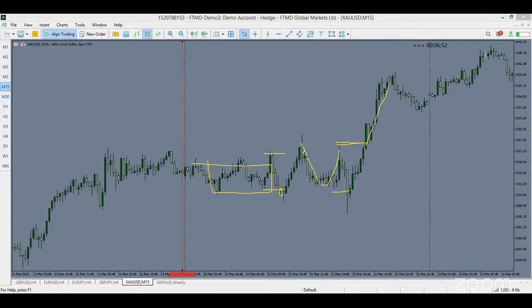The way I'm looking at this is a break of structure, then another break of structure to the top side. You put in another entry for buys, then it comes all the way here, takes you out, and then it goes back up. So you may have a losing trade there.